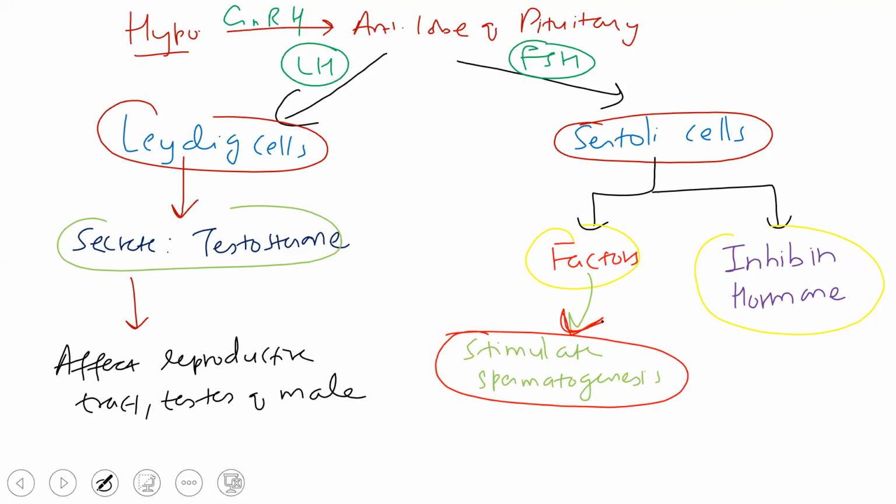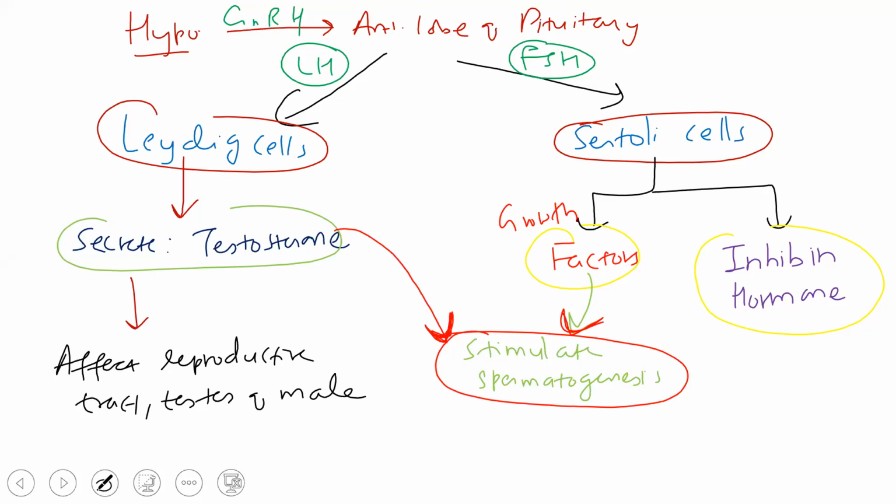This testosterone will also affect and increase spermatogenesis. So in this manner, these growth factors from Sertoli cells will also play a role in stimulating spermatogenesis, along with the testosterone effect of the Leydig cells.